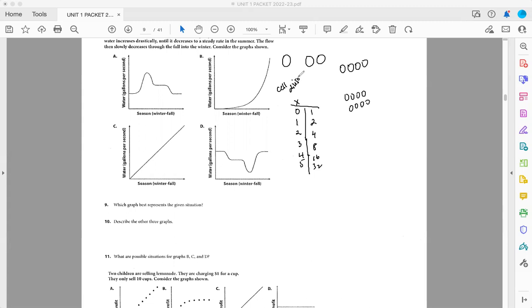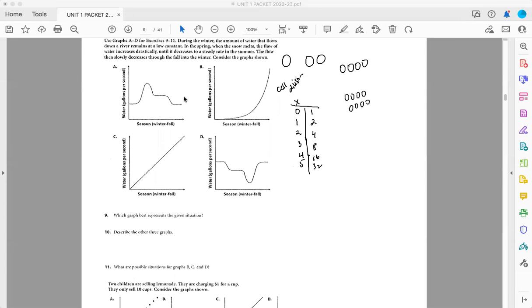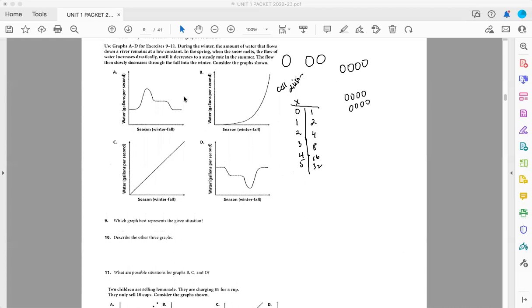Okay, this is an example. I gave you a biology example. It could be anything else. But in the case of water and the seasons, because we have to stay in context, what could be happening here?